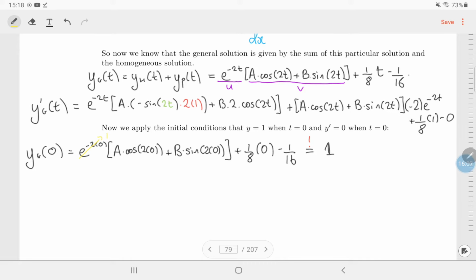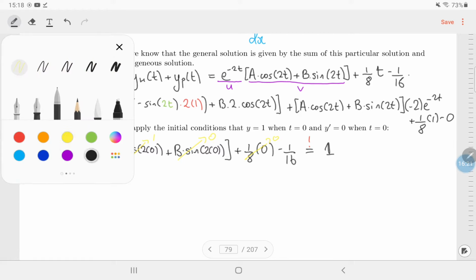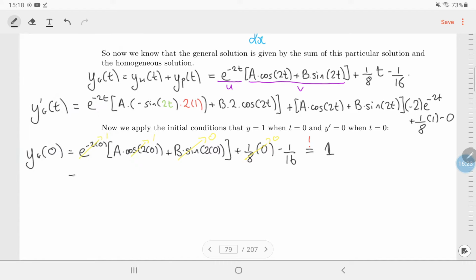Similarly, 2 times 0 is 0, and cos of 0 is equal to 1. Sine of 0 is 0, so b times 0 is just gone. 1/8 of 0 is 0, so things aren't quite as bad as they seem. This thing is 1, so it's multiplied by 1. This is a times 1, which is just a.